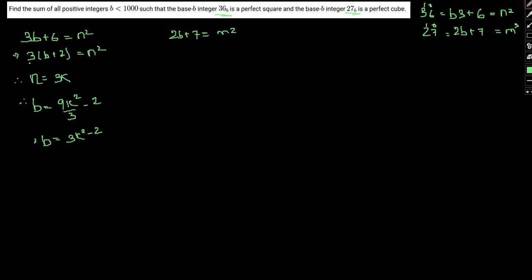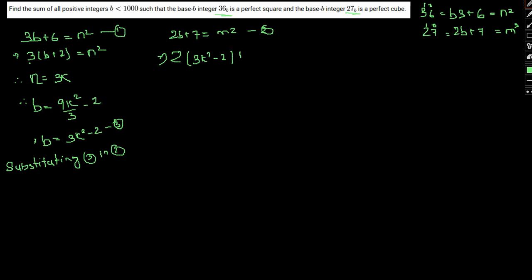Now let me name this equation 1 and this equation 2, and substituting the value of b in equation 2, we have 2 into 3k squared minus 2, plus 7, equal to m cubed.